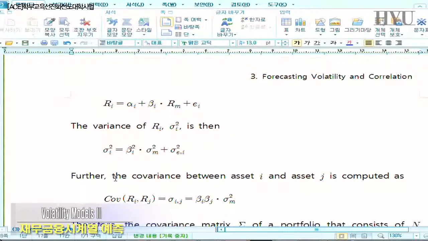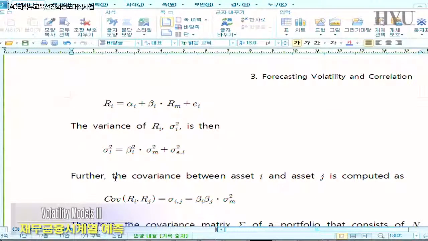And then, what is the variance? Well, this is a random variable, and it has a variance. The beta is constant, so it doesn't vary, right? So the variance of this one is simply beta squared times the variance of the market, plus the variance of that, and no covariance is usually assumed.